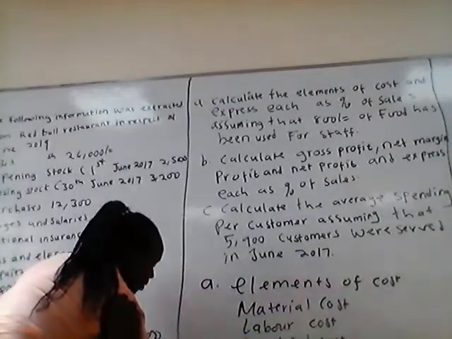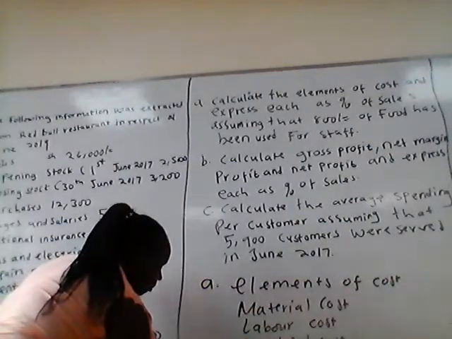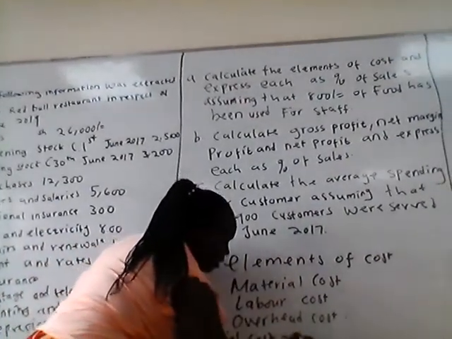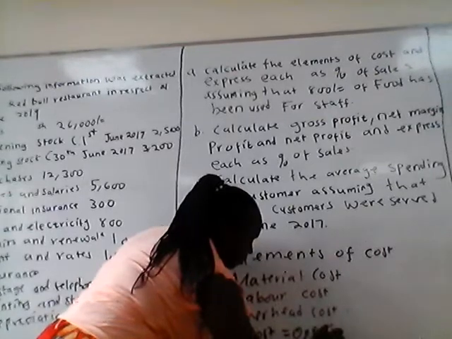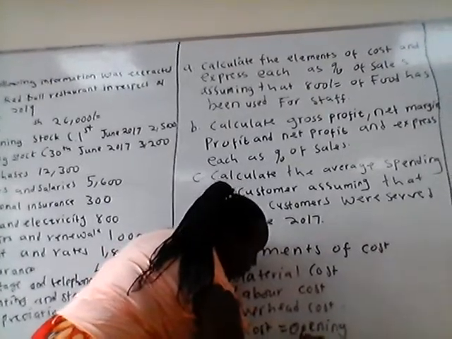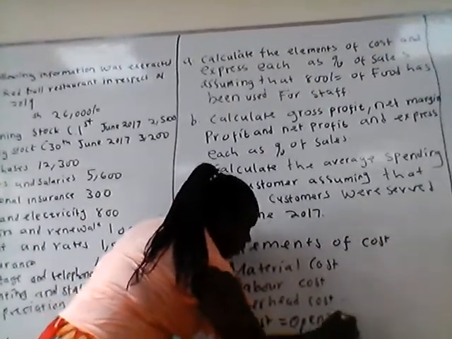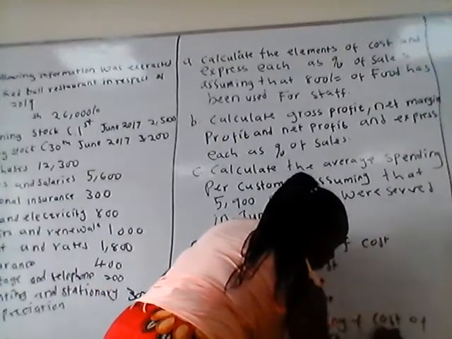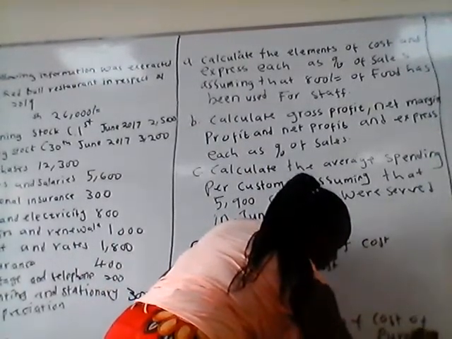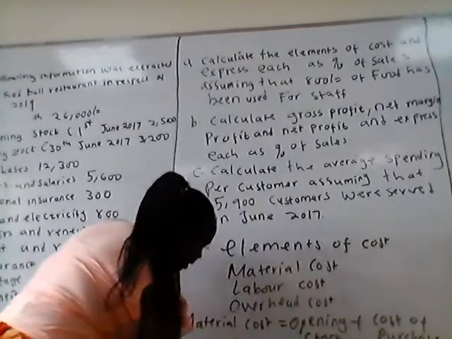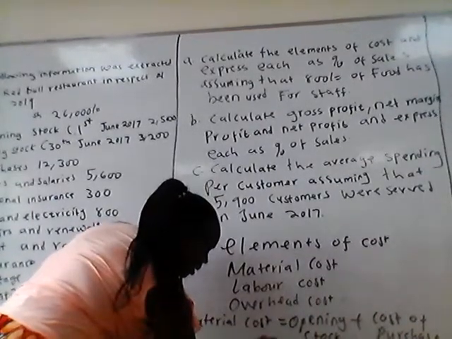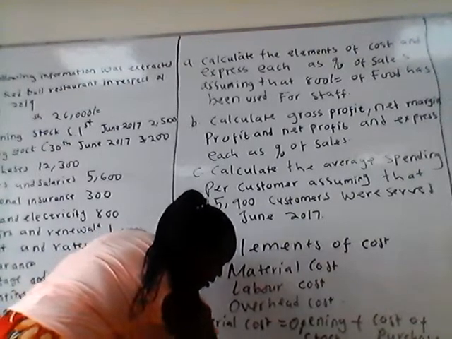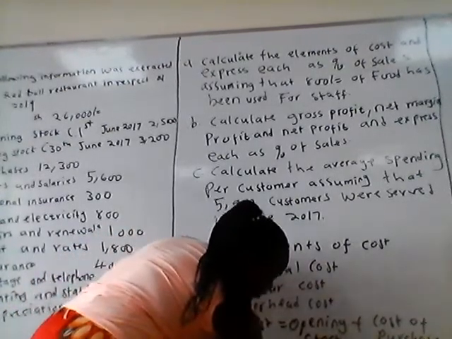We said material cost is equal to opening stock plus cost of purchases minus closing stock minus cost of staff meals.